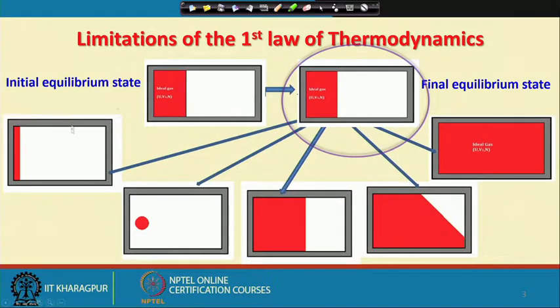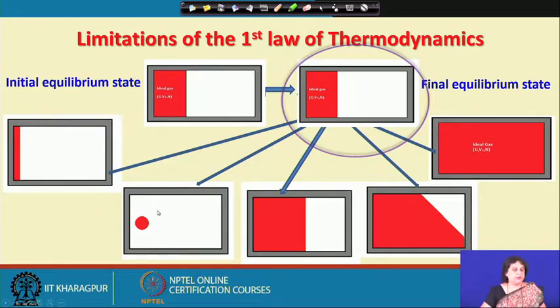There are many different possibilities under such circumstances, and these are highlighted over here. When the gas undergoes a change in state, it may so happen that it compresses and goes to one edge of the system and remains here.